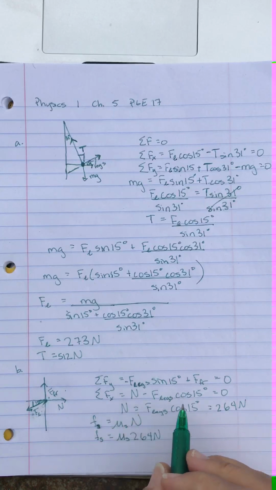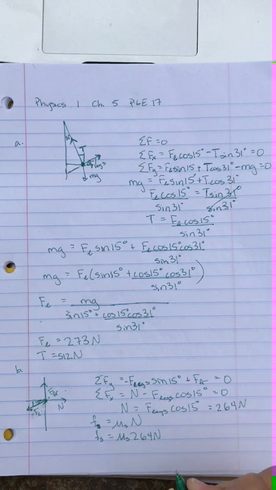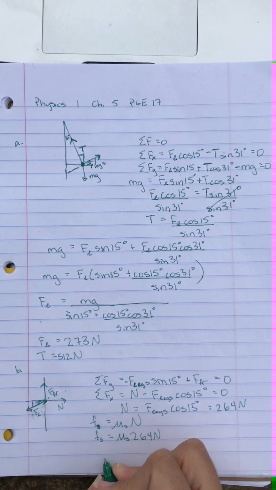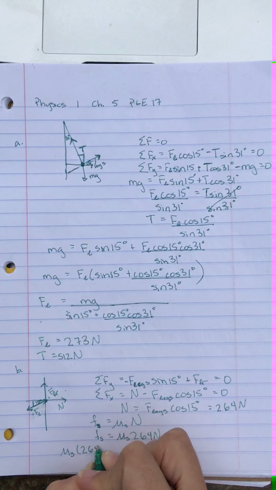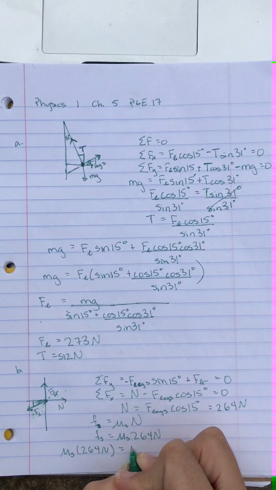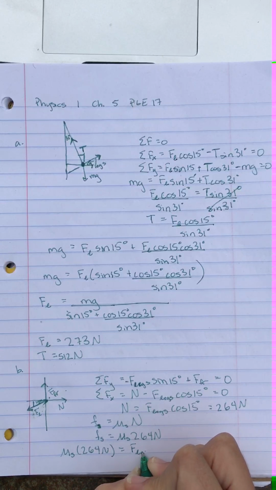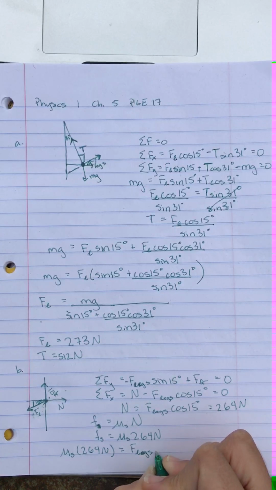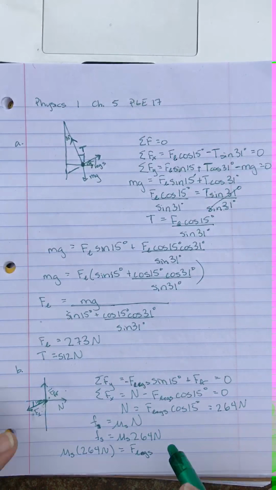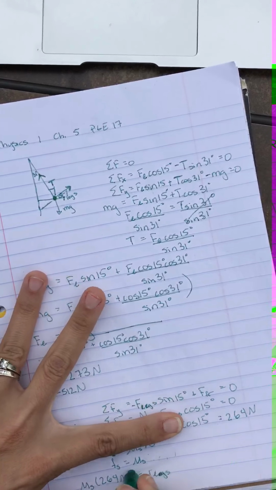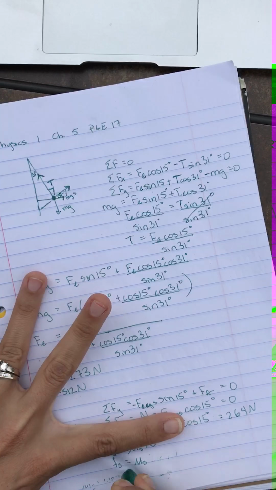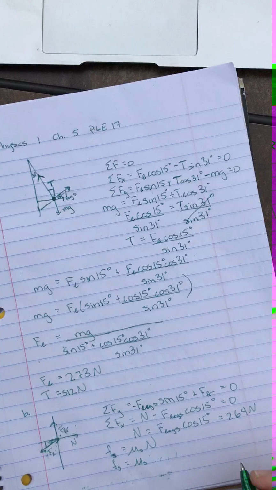So then we go back up to this, and we can say that mu s times 264 newtons equals the force of the legs times sine of 15. Oh, something cool happened here. I'm going to go back and put this back in because you can't see it if I make this a number. Hang on, sorry. I forgot about that.